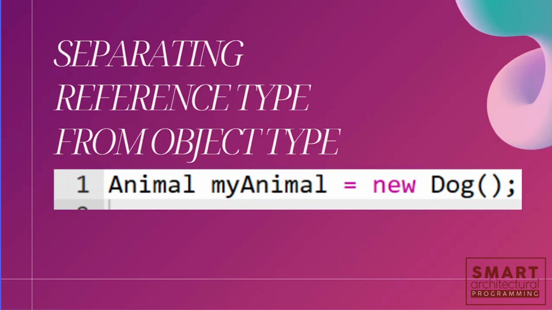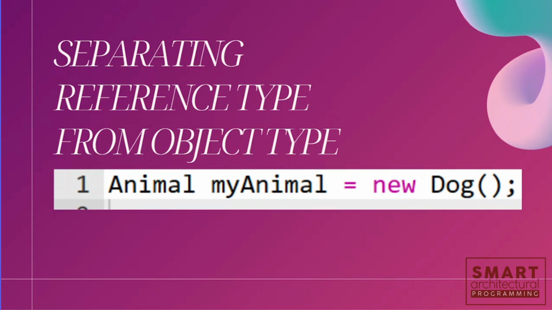That's the object type. So here's what you need to understand. We're telling Java that Animal is the reference type when creating the myAnimal variable, but the object that variable points to is actually a Dog. That's the object type. It's clarifying different roles here.